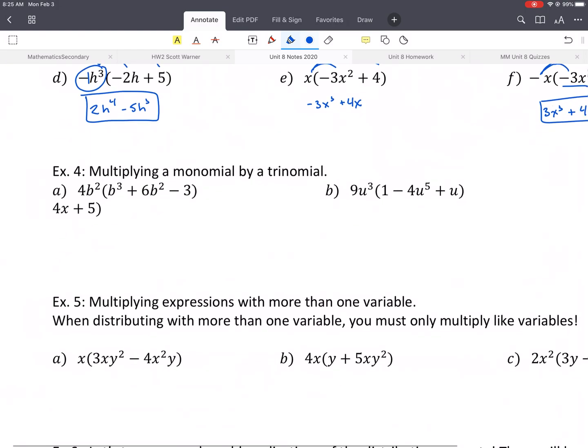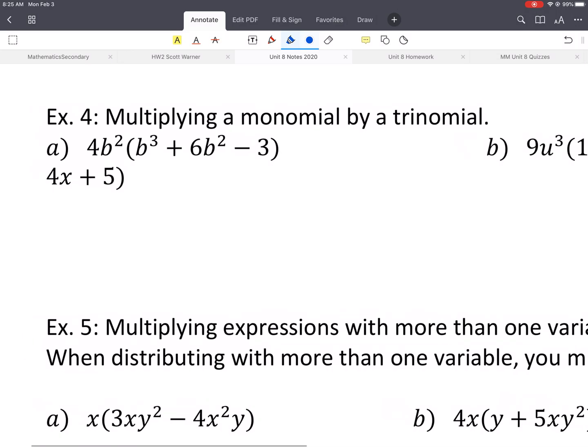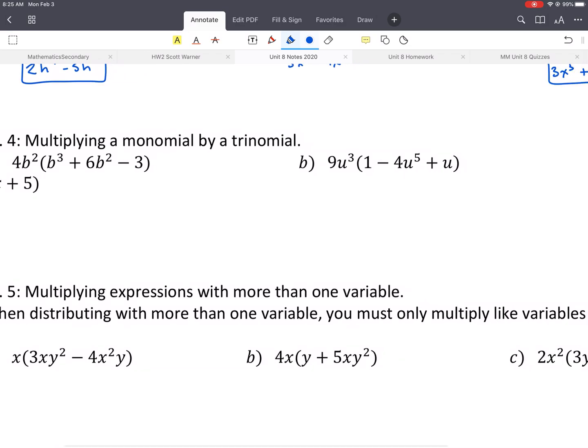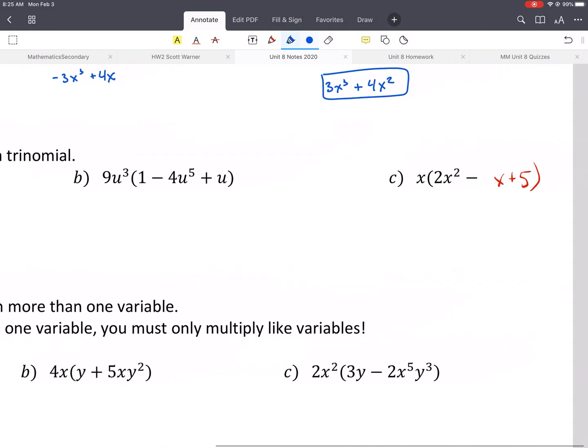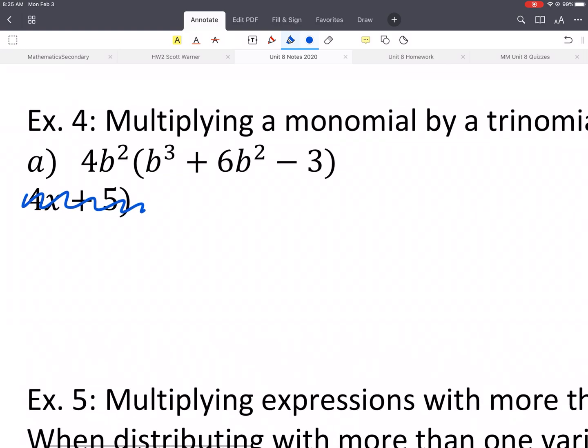Okay. Here we have some monomials and trinomials. So we basically do it twice, or 3 times instead of 2 times. This is supposed to be 4x minus 5, or 4x plus 5 is over there. Okay. All right, so 4b squared times b to the third. That gives us 4b to the fifth.